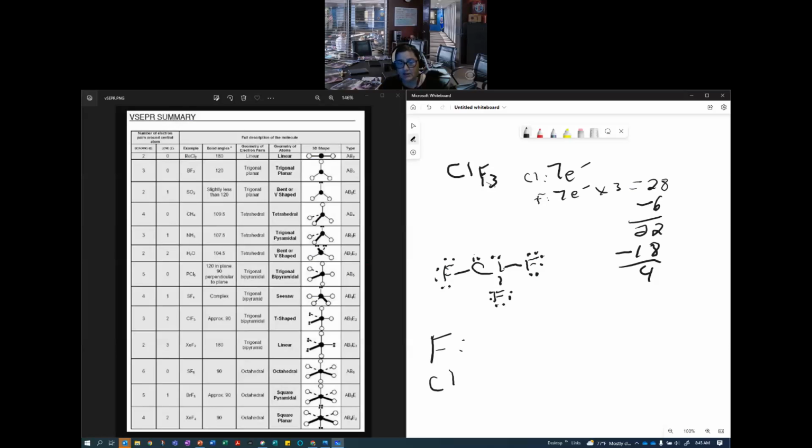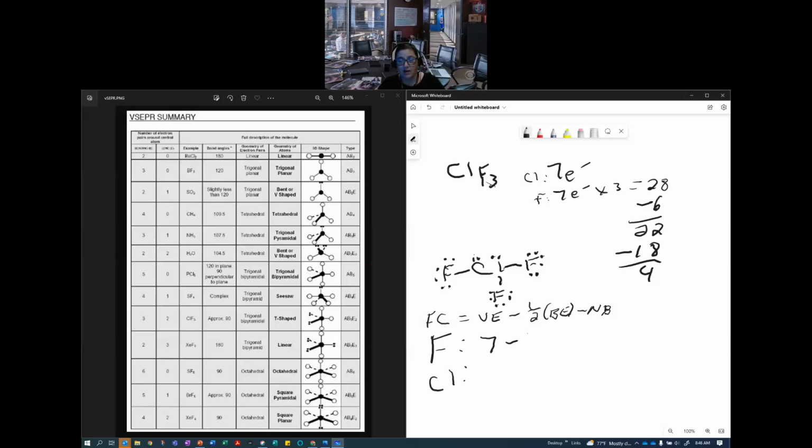In each case, our formal charge, Fc, is equal to the valence electrons, the number of valence electrons that it has, minus half of the bonding electrons, and I'll show you an example in just a second, minus the non-bonding electrons. If we're talking about fluorine, it has 7 valence electrons. We determined that up here when we were talking about how many electrons were present. So we know that it has 7 valence electrons that we need to be able to deal with.